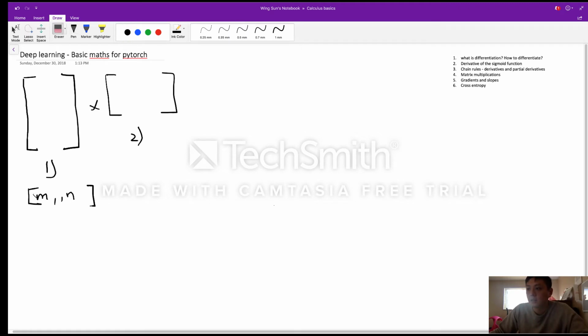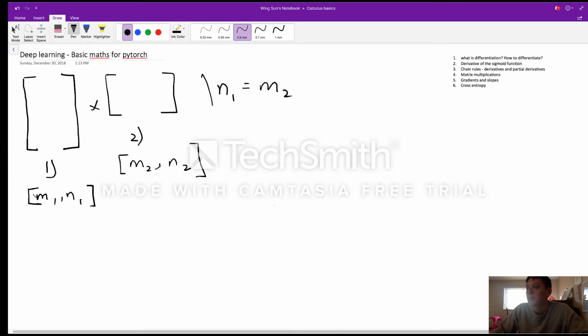The reason I want to subscript this is to note that this is matrix 1, and another one here is matrix 2, with m2 and n2. Now, one thing that needs to match is n1 must equal m2. That's all you need to understand matrix multiplication.